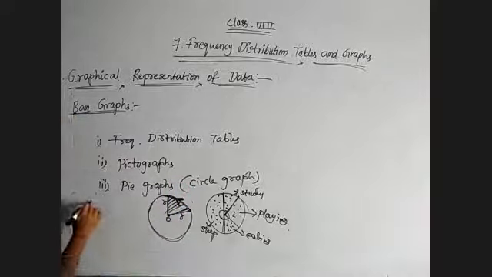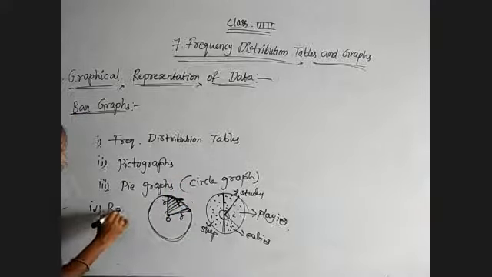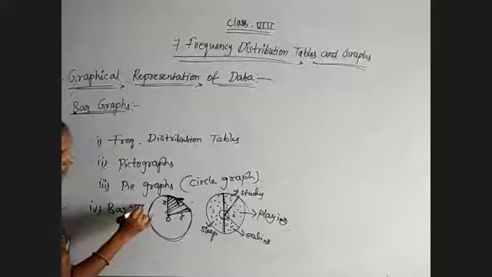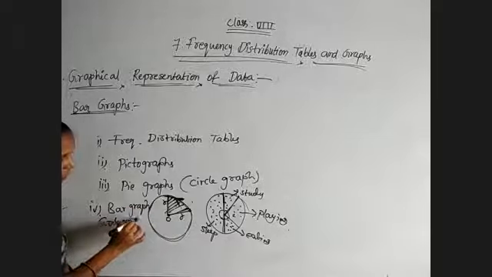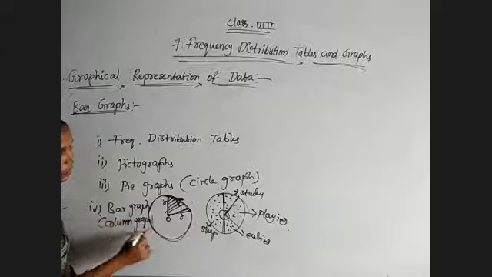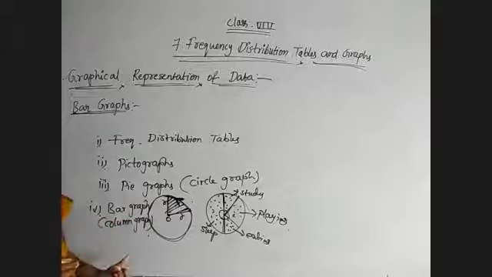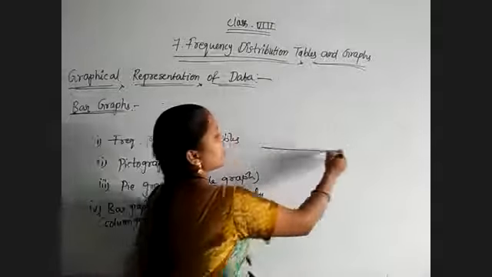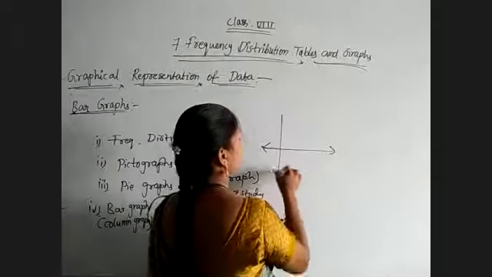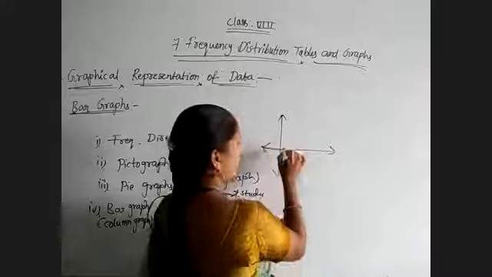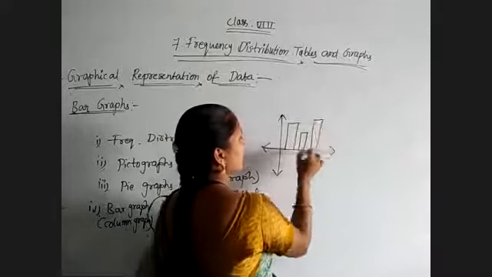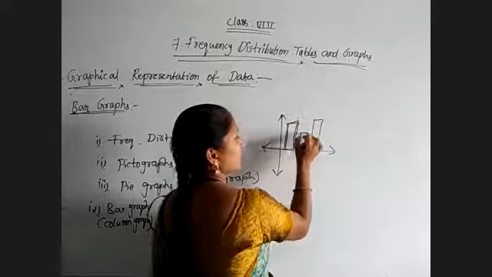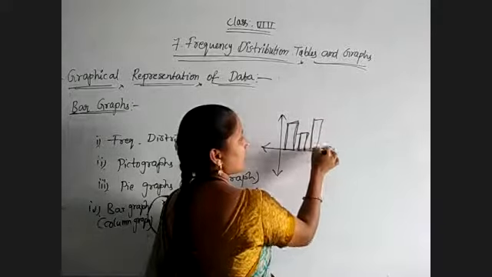Next, bar graph. Bar graph is also known as column graph, because here we are using rectangles to represent the data. If the information is represented by using rectangles, see, this is one rectangle, here also one rectangle, here also one rectangle.